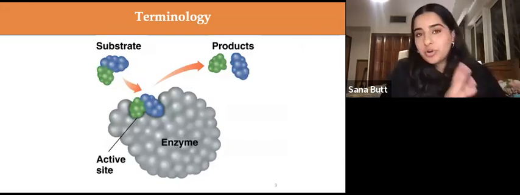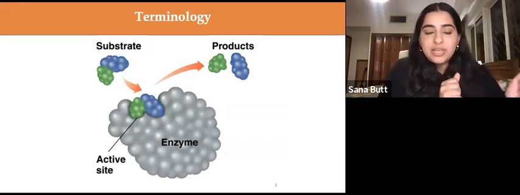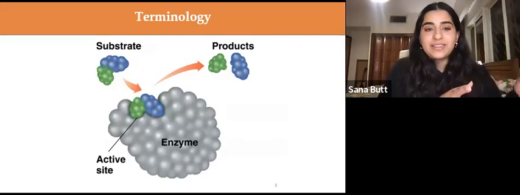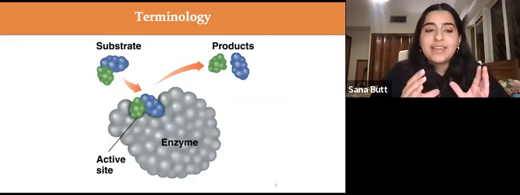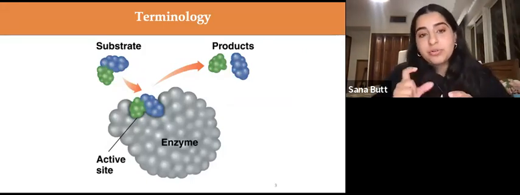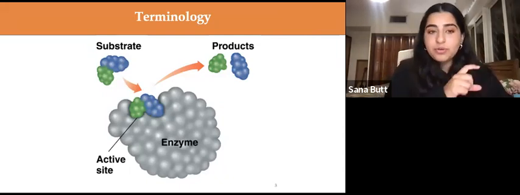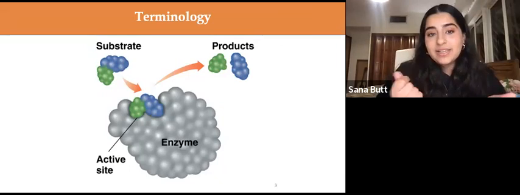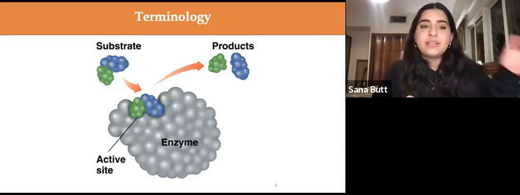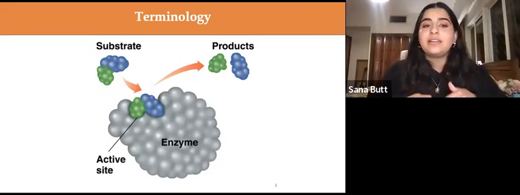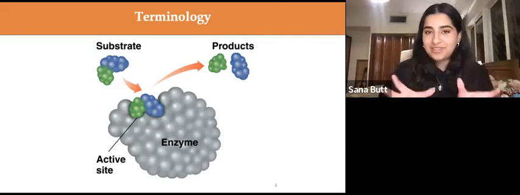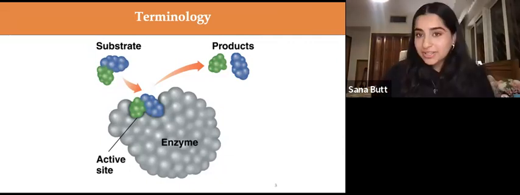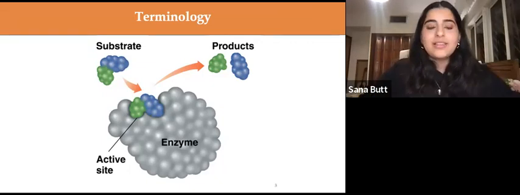Say the substrate is your raw material, the flour, and then you have the bakery. The active site is a small portion within the enzyme that is specific for what you're baking. Let's say you want to make cookies, so you need an oven. The active site is your oven. The substrate enters the oven, the oven is within the bakery, and at the end you have your cookies, which are your products.